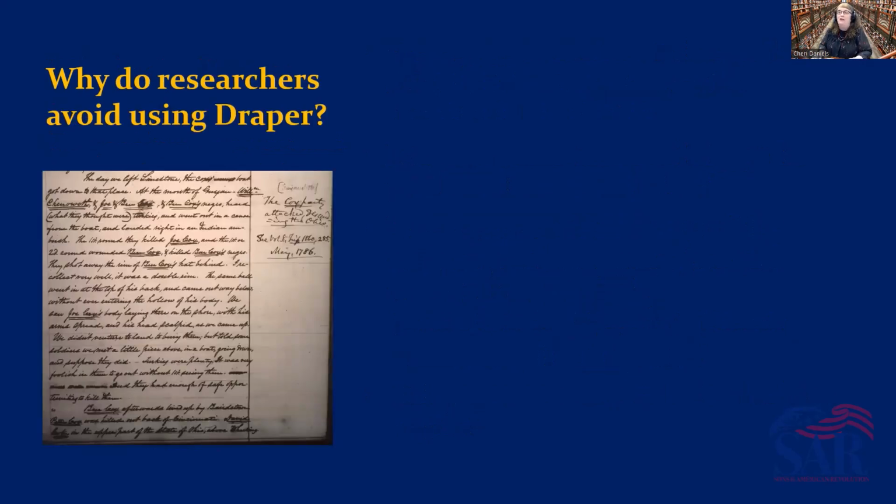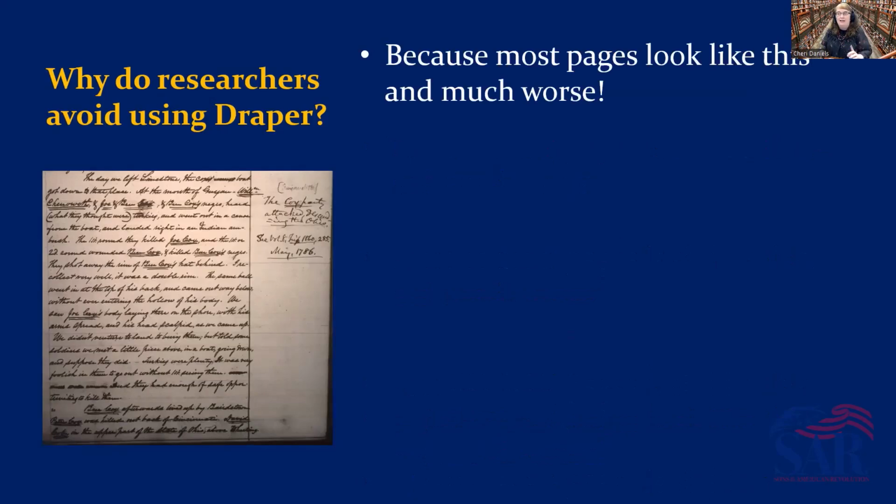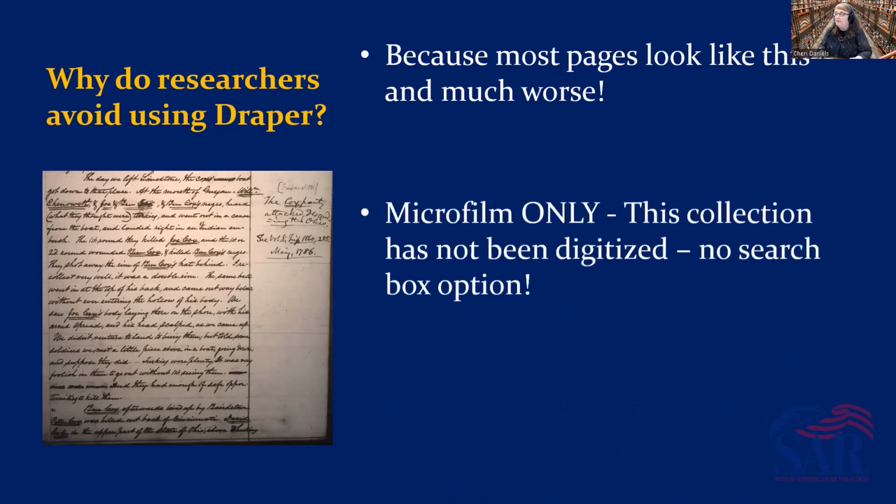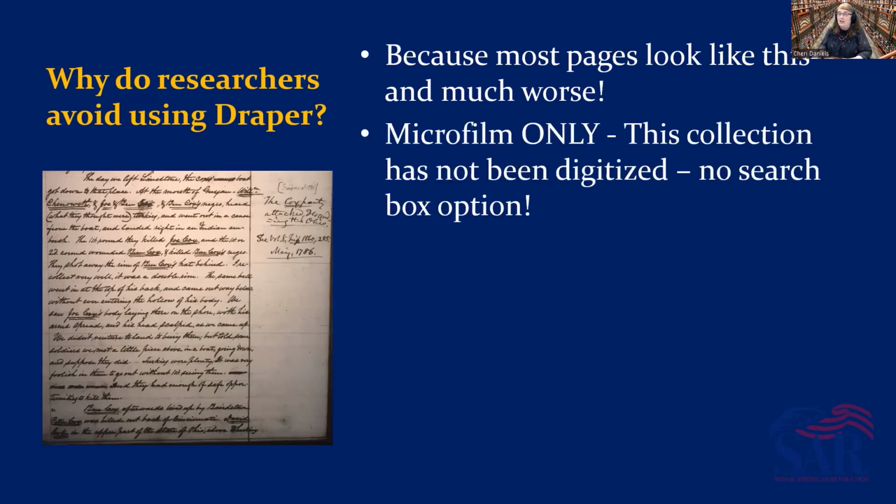So why do a lot of researchers avoid this collection? Mainly because a lot of the collection looks like the page you see to the left, and sometimes worse, depending on how faint the copy may be, depending on what the handwriting might look like, it could be a little bit of a mess. And this collection is only available on microfilm.